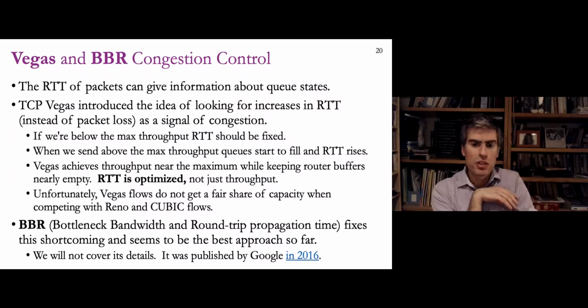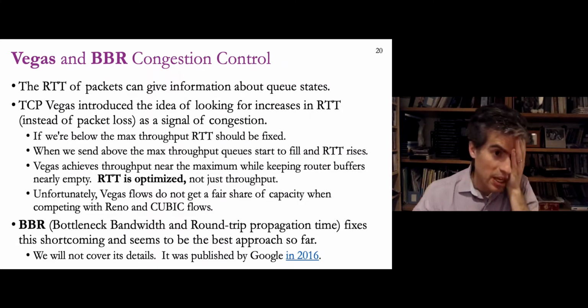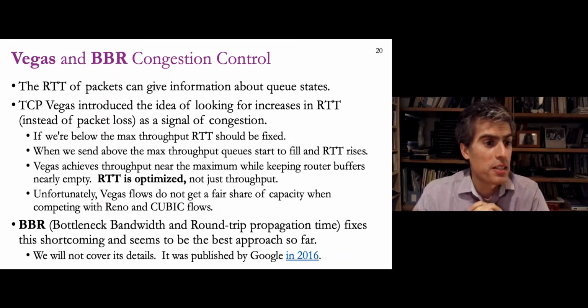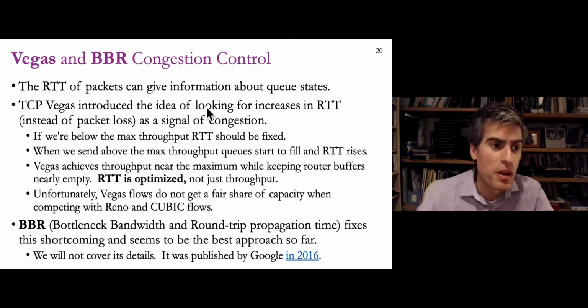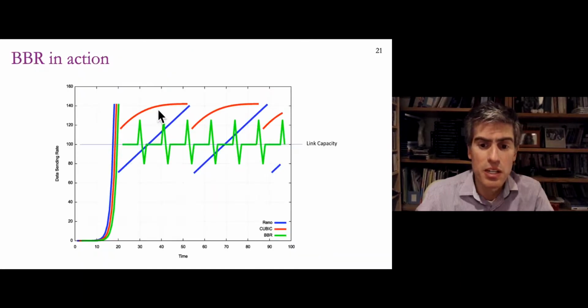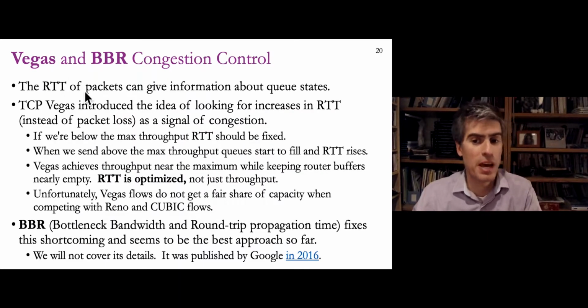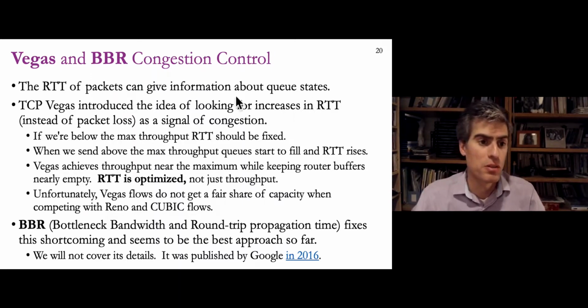All right, so the solution is what was invented by researchers in Nevada, and they called it TCP Vegas in honor of their location. And what it does is monitors round trip time of packets to give an idea of what's happening with the queues.